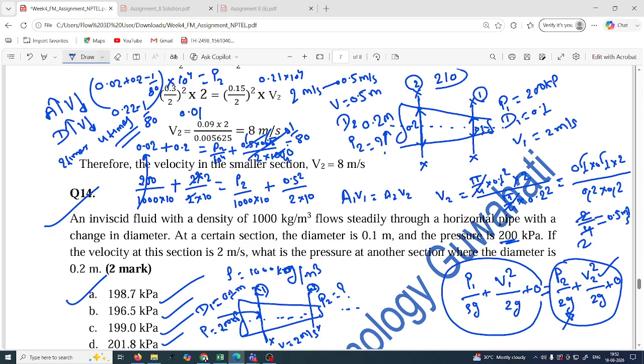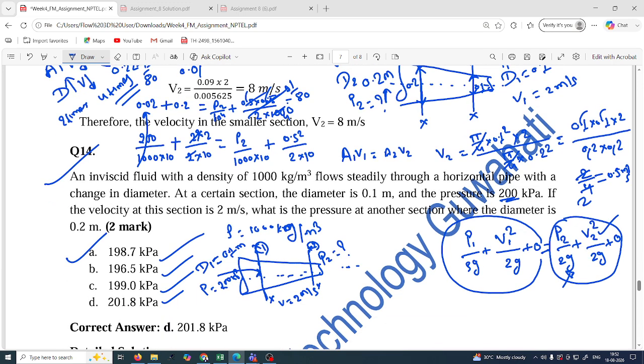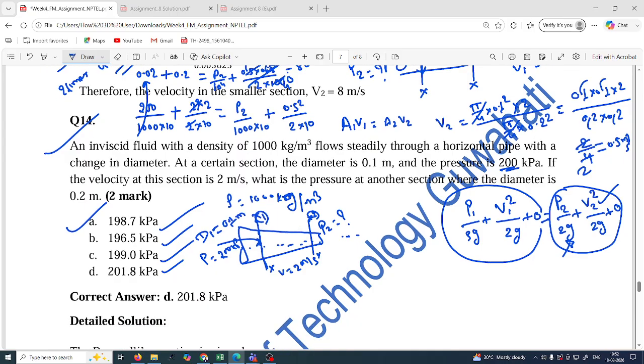So something like that may be the calculation here. It is going near about, maybe option D. Let me just see. Yes, option D is correct, because we have taken 10 in place of 9.8, so that also makes a small change.